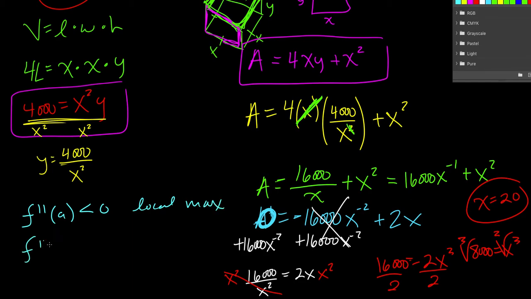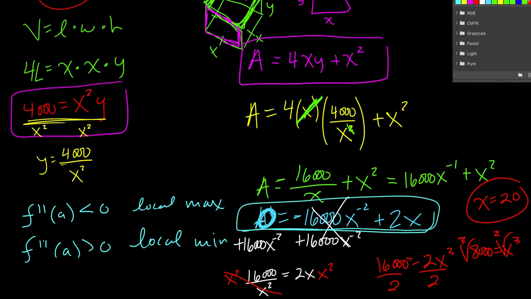And if our second derivative at a specific point is greater than 0, we get a local min. Okay, so what we're going to do, we're going to take the second derivative of the original, but if we just take the derivative of this, that will give us the second derivative.